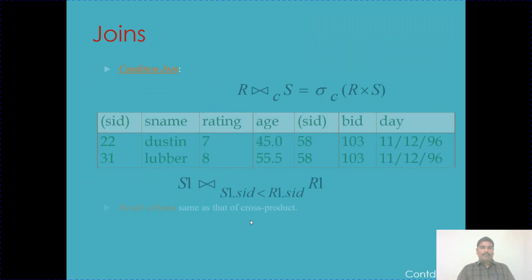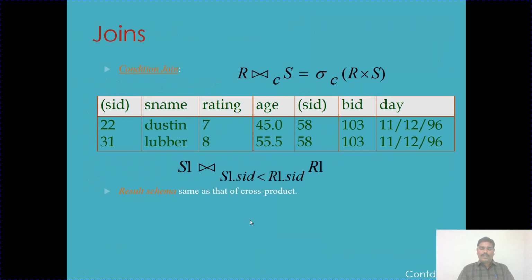What is the purpose of join operations? Join means combining one table with another table. By using the join operator, also called natural join, we combine them.